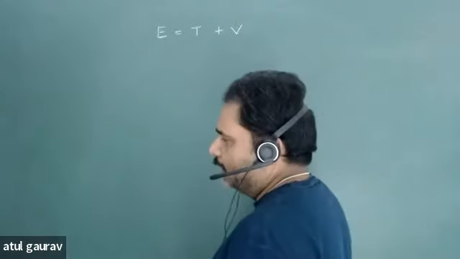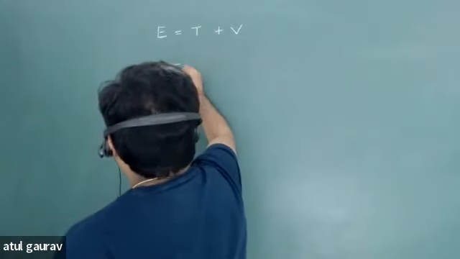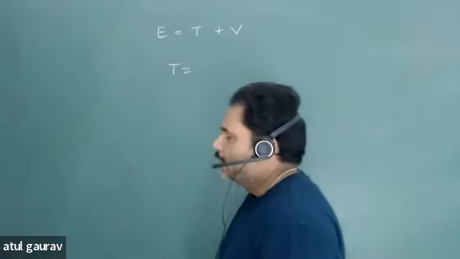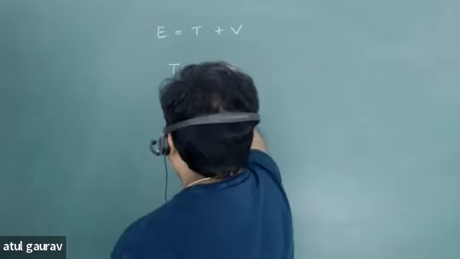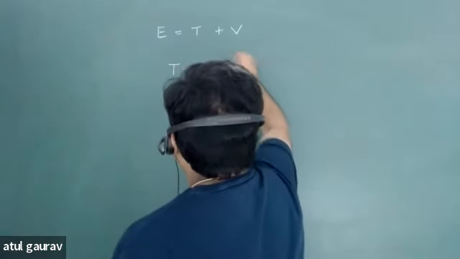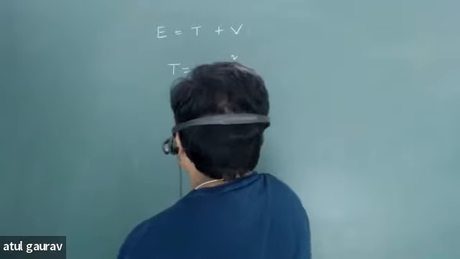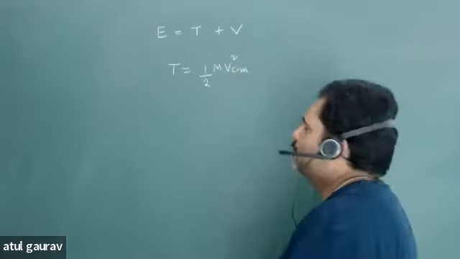So what is kinetic energy? When you go for the rigid body kinetic energy, then you have to first write half m velocity of center of mass square. So this is all about the translation part.